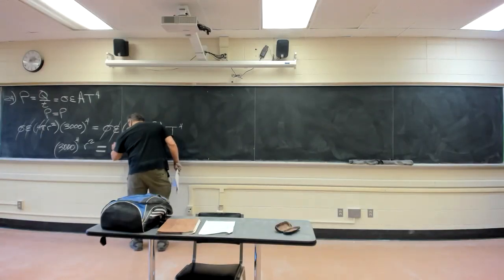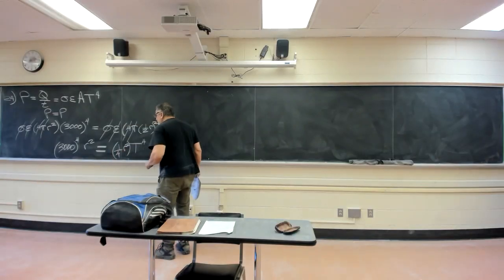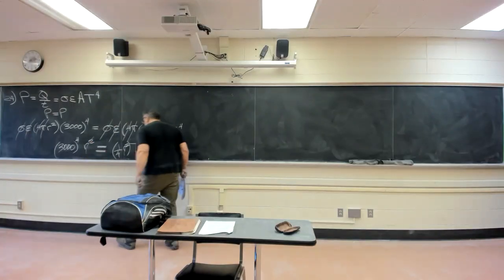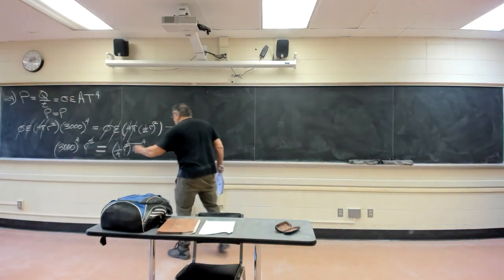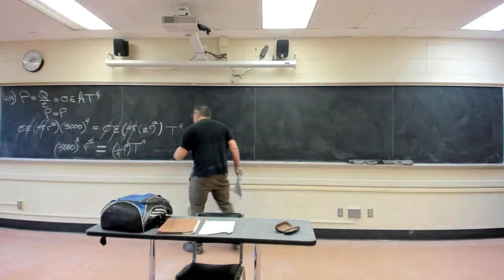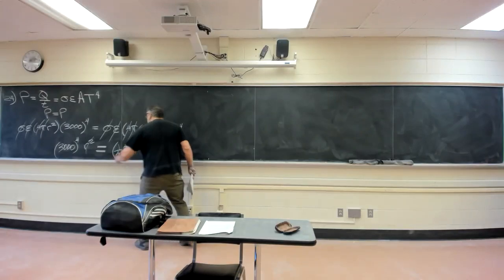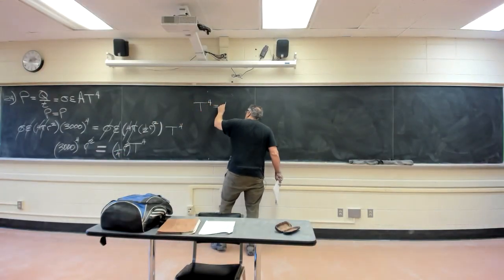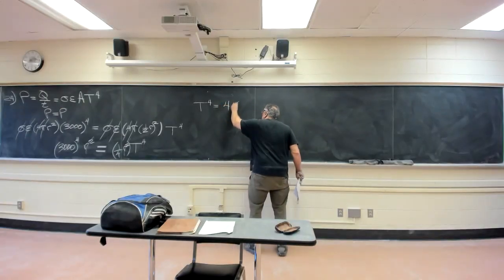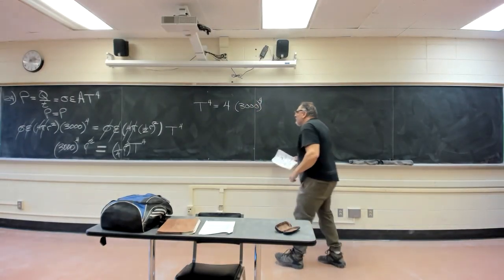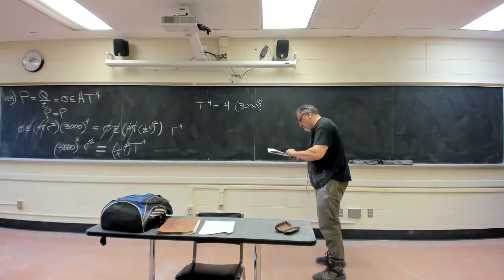This squared is 1/4 r squared. Let's divide by r squared on each side, and then multiply by 4 on each side. And we got T to the 4th equals 4 times 3,000 to the 4th. Definitely equals that.